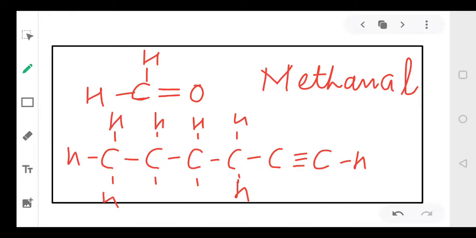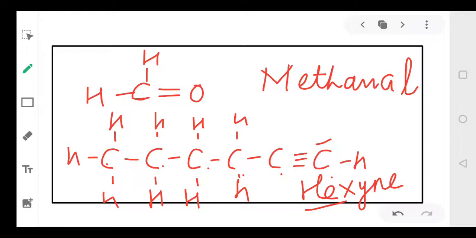How many carbon atoms? 1, 2, 3, 4, 5, 6. 6 carbon atoms. And there is a triple bond at the first carbon. There are 6 carbons and at the first carbon you have a hydrogen and a triple bond. So the word is hex, 6 carbon means hex, and the word for triple bond is yne. So hexyne. Okay, the name of this compound is hexyne.